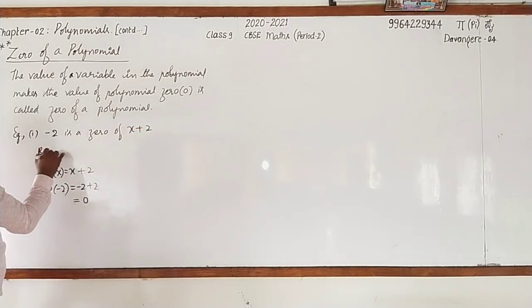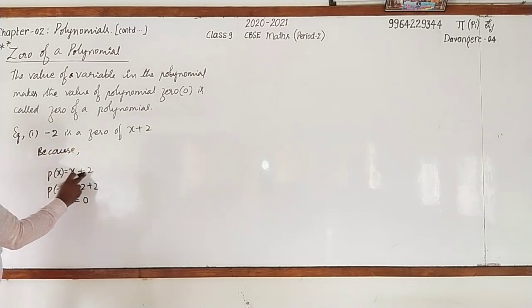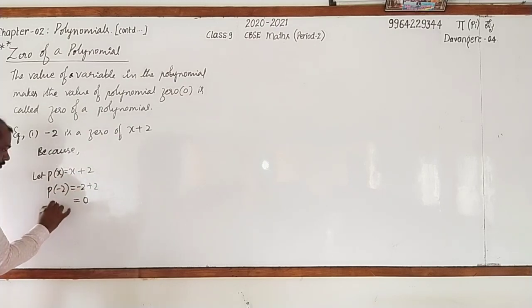You can give the reason: let p of x equal to x plus 2, p of minus 2 equals minus 2 plus 2, which is 0. Got it?